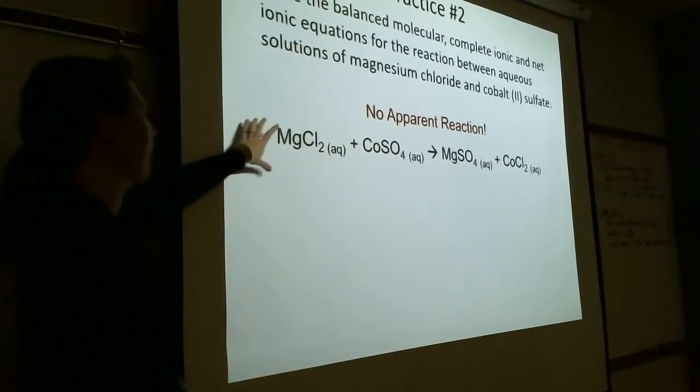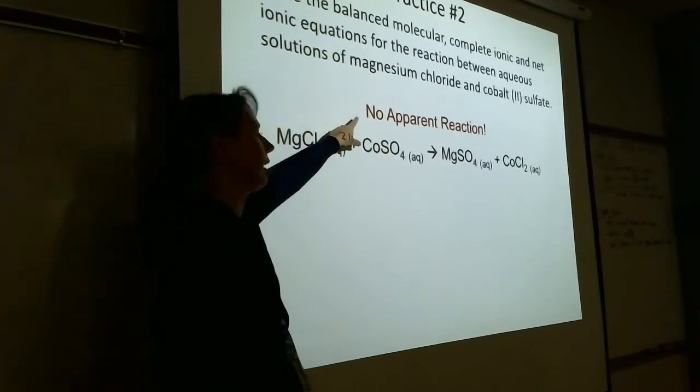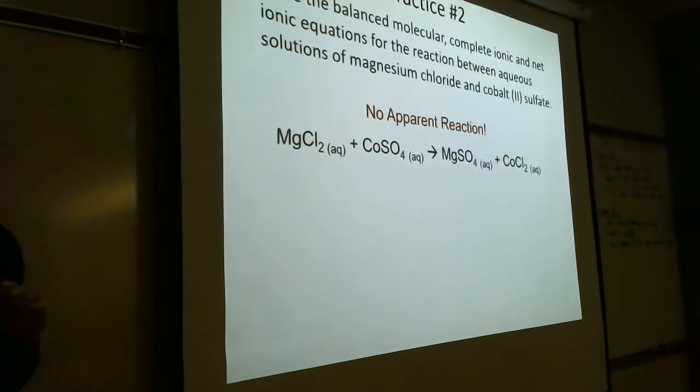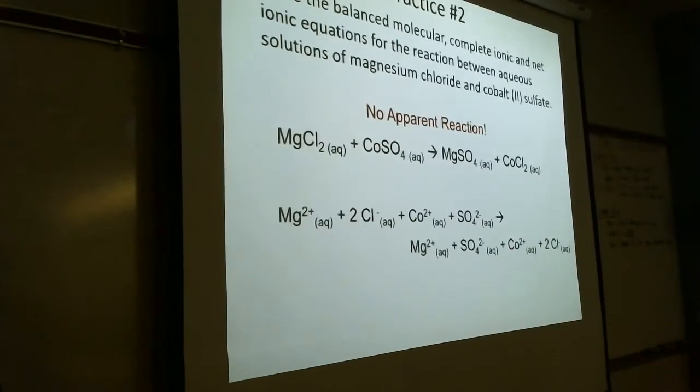All right, so you need to give me a balanced molecular equation. You'd say no apparent reaction because both products are soluble. I'd be happy. If you took it a step further, which you could, right? You could split this up into all the cations and anions, but what you would find is that everything cancels. So you've just made a new mixture, but nothing happened.